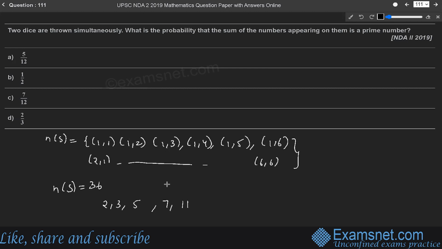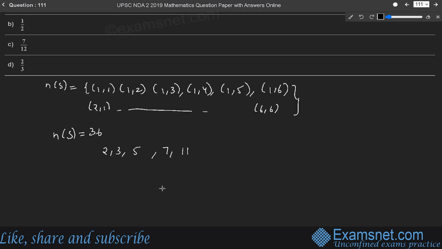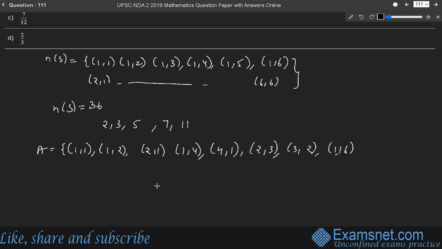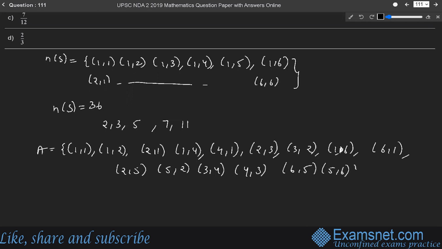So, if A is the event of getting the sum as a prime number, then A will be equal to (1,1), (1,2), (2,1), (1,4), (4,1), (2,3), (3,2), (1,6), (6,1), (2,5), (5,2), (3,4), (4,3), (6,5) and (5,6).